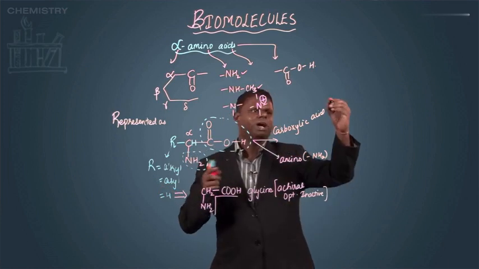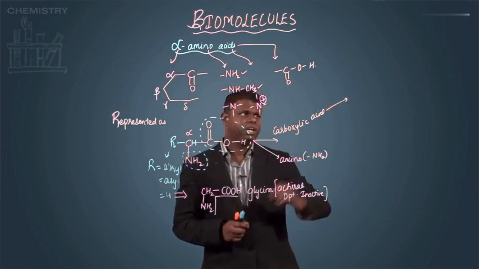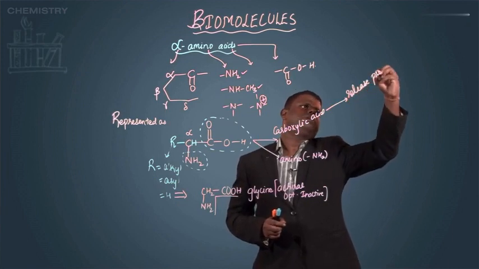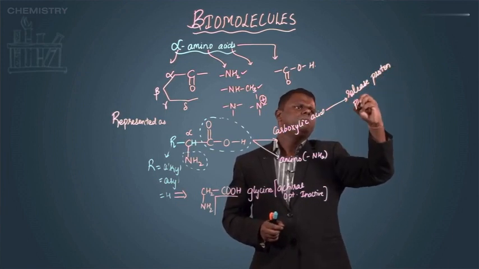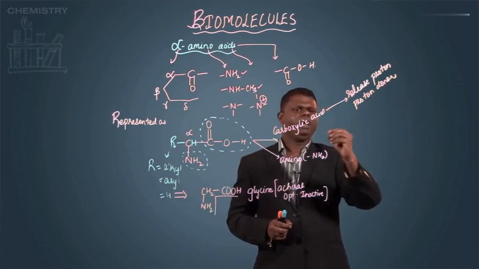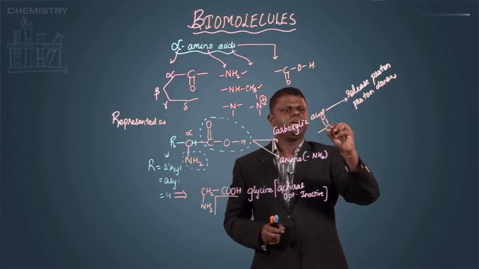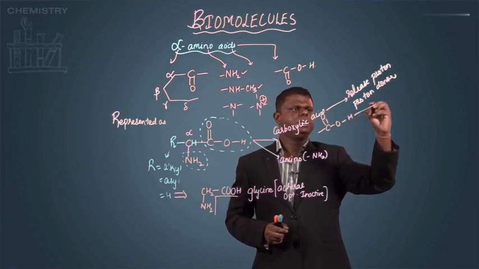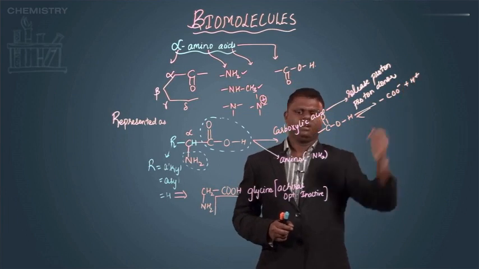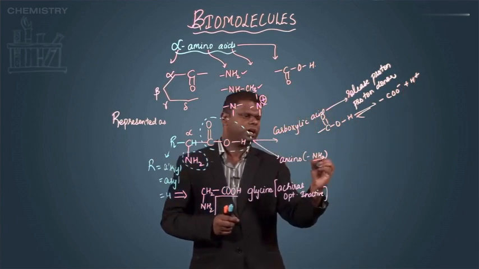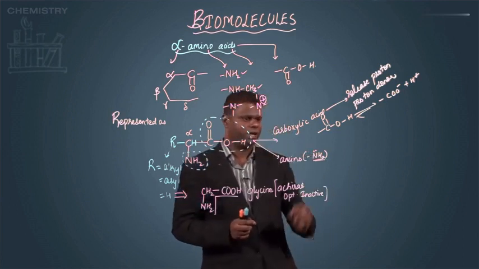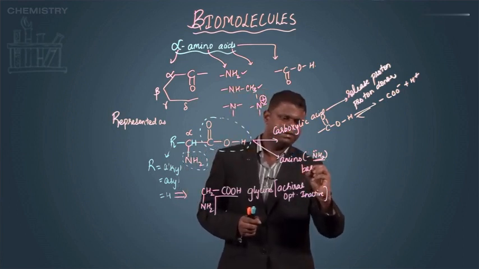Carboxylic acid, like all acids, tends to release a proton, or you could simply say they are proton donors, right? If I write a carboxylic acid reaction, it gives COO minus plus H plus, right? Whereas an amine contains nitrogen which has a lone pair, so it is a base, right?